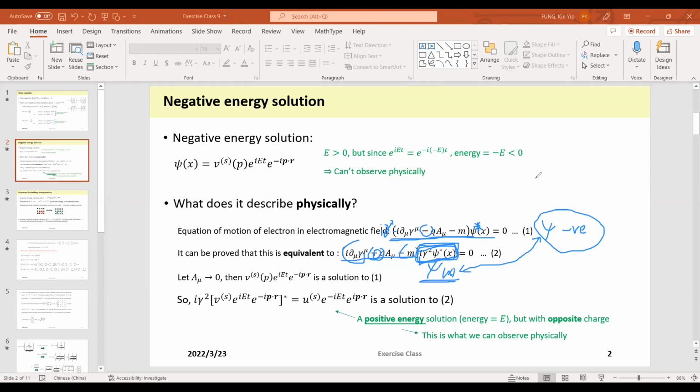If you think classically, kinetic energy just means speed. Do you have negative speed? Speed is a positive number. So what does it mean to have negative 2 meters per second? No, what I'm saying is, what if when we do measurement, we only measure the absolute value of whatever we are measuring?